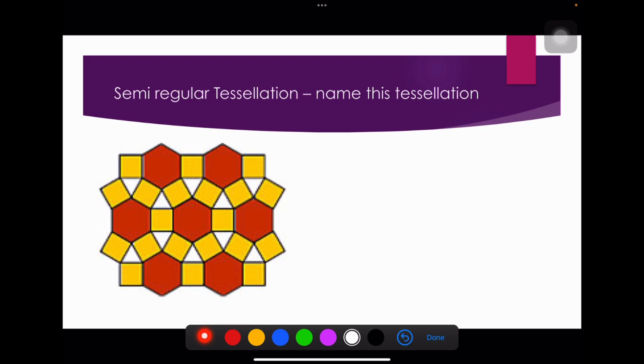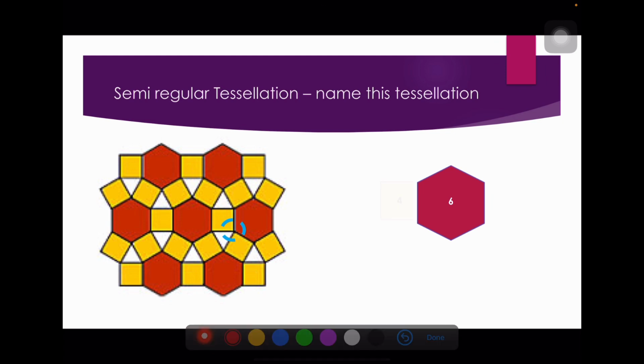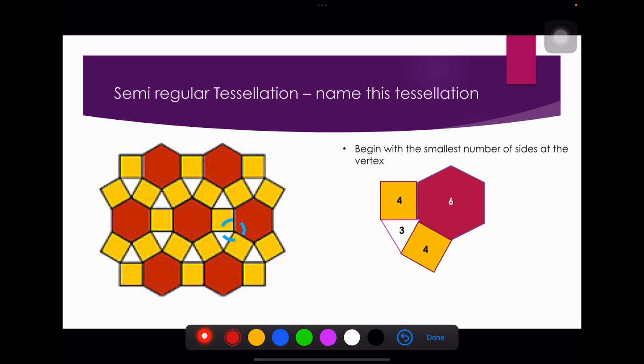Next, let's have a look at this one. You can take 6 and then 4, 3, 4. We are looking at the vertex over here. We need to start from the smallest number of sides.